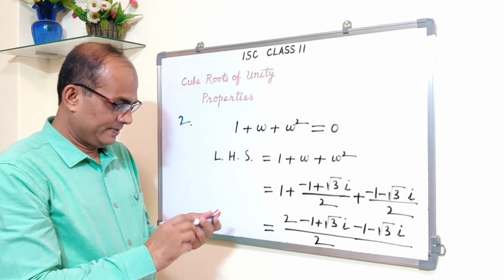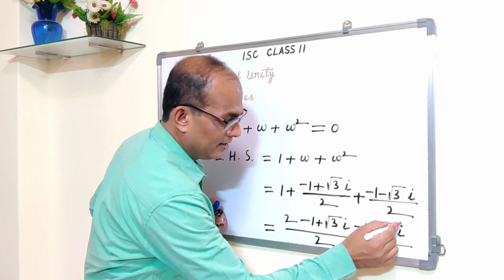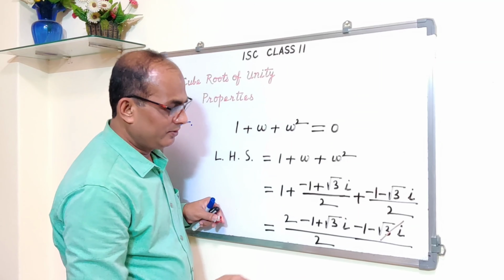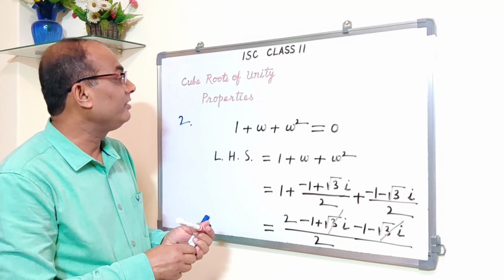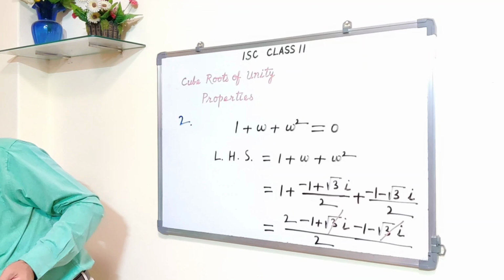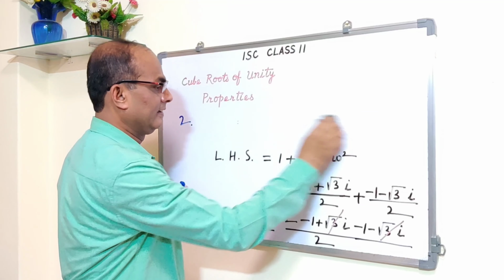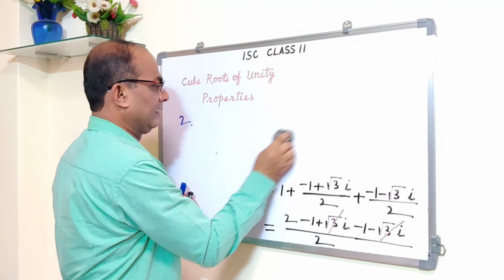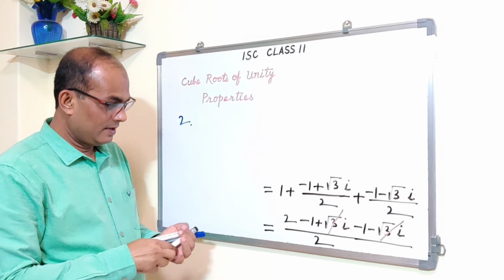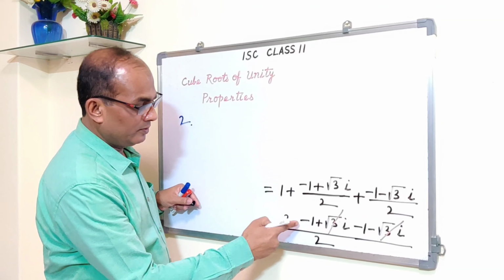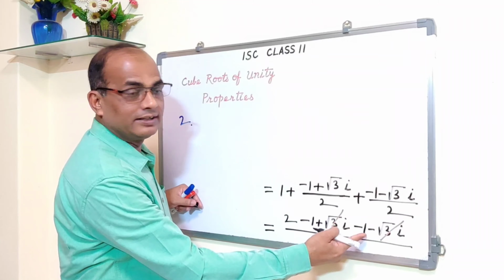Okay. Now see this. This minus root 3i and plus root 3i, they cancel each other, and ultimately we are left with 2 minus 1 means 1 and 1 minus 1, right?